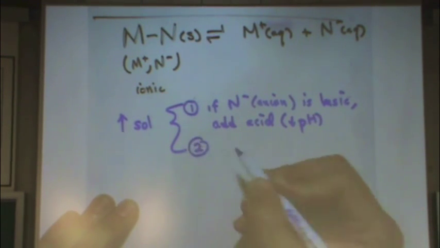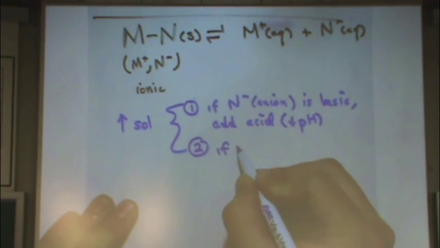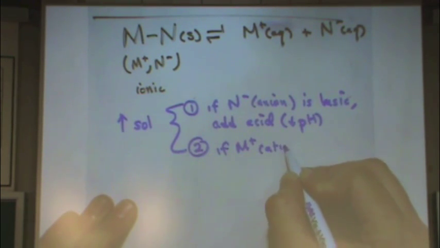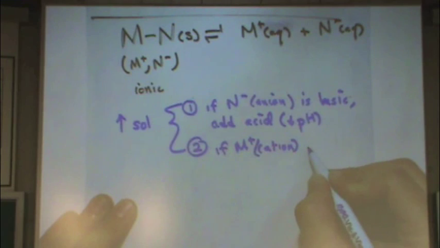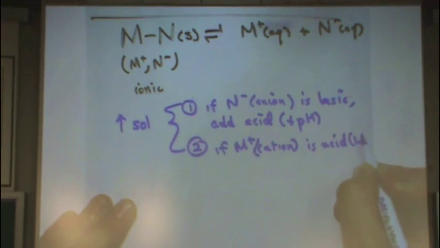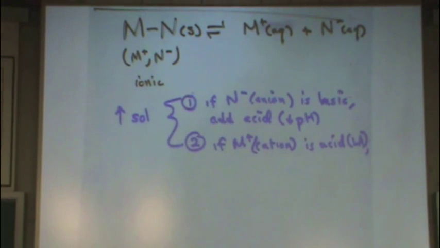Possibility 2: how do you make this more soluble if M plus, the cation, is acidic? Typically it'll be a Lewis acid. What's a typical Lewis acid? A transition metal, or anything under the staircase. The staircase isn't labeled, but for example lead, bismuth, or tin would be Lewis acids.